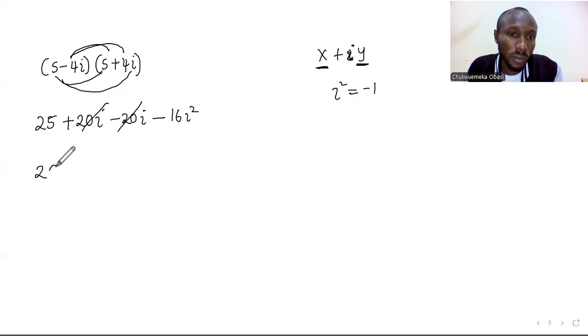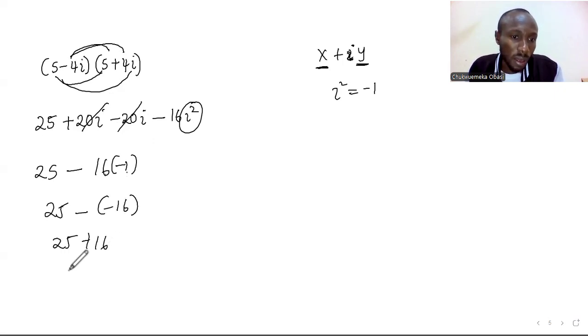So I have 25 minus 16i squared. What is i squared? That is minus 1. So 16 times minus 1 is minus 16, and that becomes 25 plus 16, which is 41.